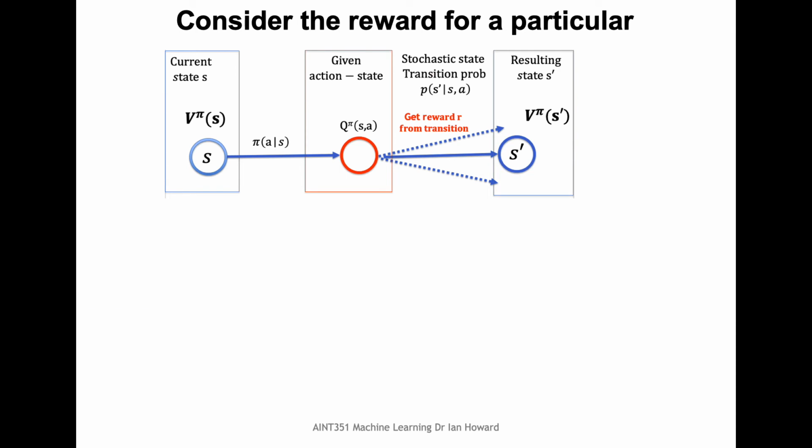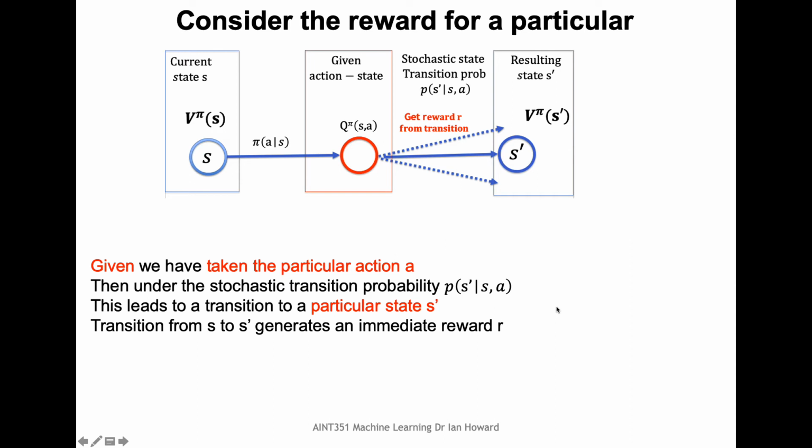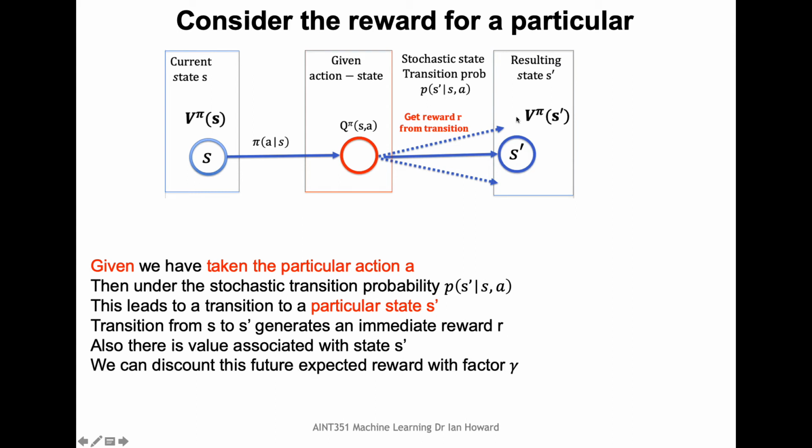So let's look at this again for a particular action A. Under this action A, we're subject to a stochastic transition probability, S prime given S and A, which leads to a transition to a particular state S prime from the many others we could have reached. This transition also leads to an immediate reward R, and there's also a value associated with state S prime, which we discount with the factor gamma.